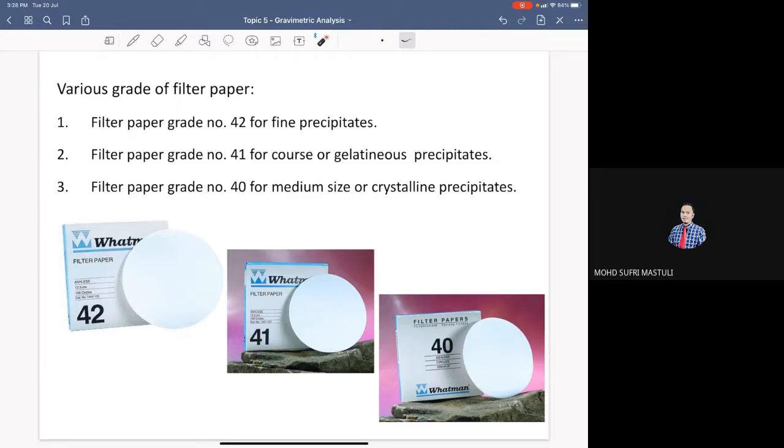For the medium size or crystalline precipitate, we use filter paper number 40. Gelatinous precipitate uses 41, and 42 is for very fine particles. All right.